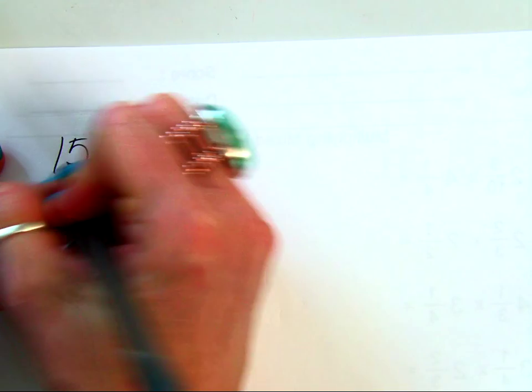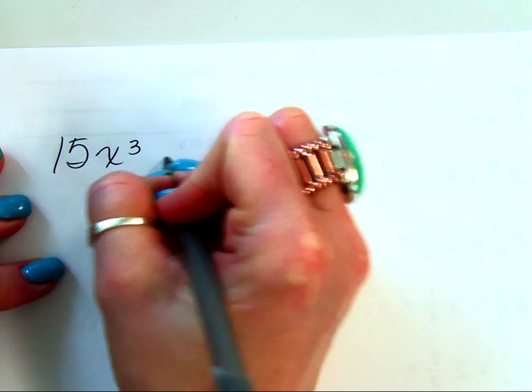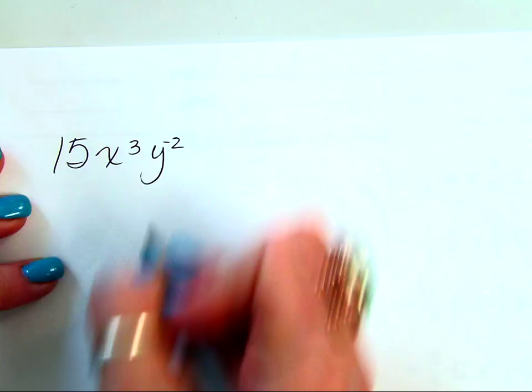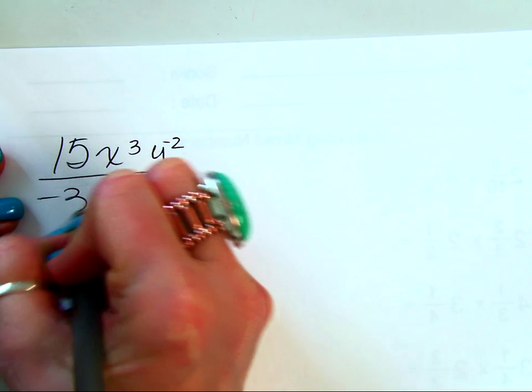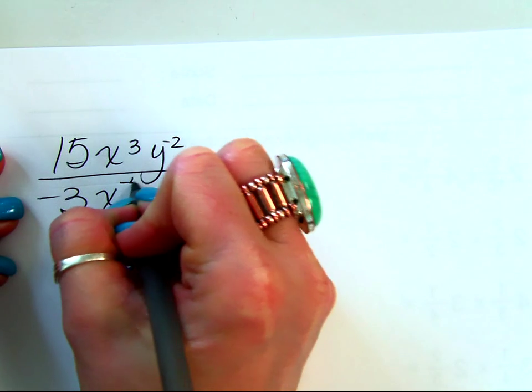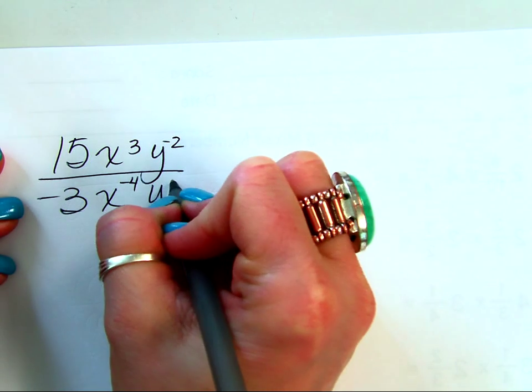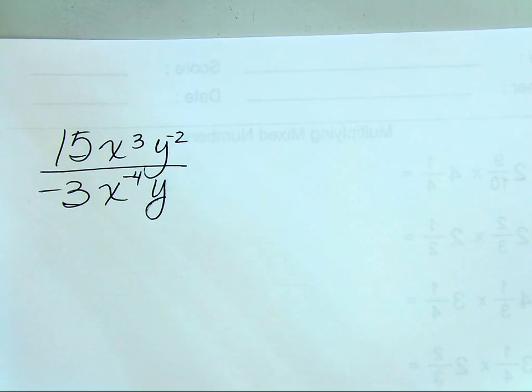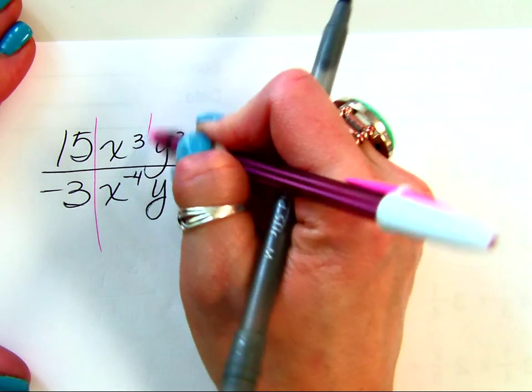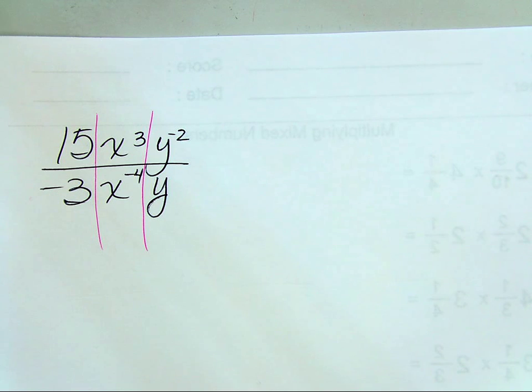So if I had, for example, 15 x to the 3rd y squared, or y to the negative 2, over negative 3 x to the negative 4th y. Just do them like 3 separate problems if you have to.